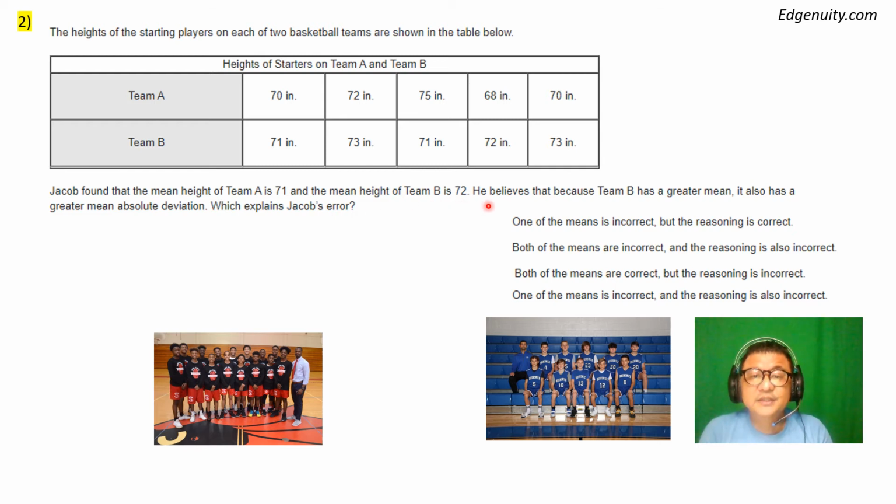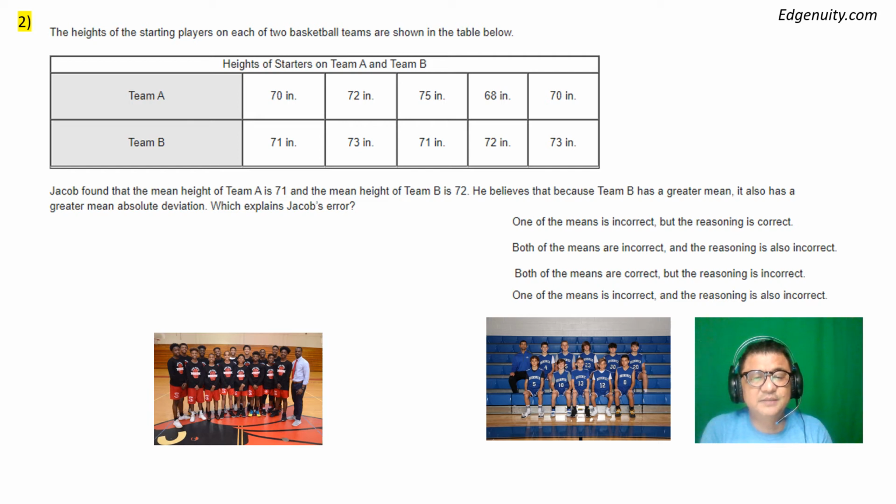We will check. He believes that because team B has a greater mean, it also has a greater mean absolute deviation. So we will check for mean and mean absolute deviation, which explains Jacob's error. Jacob is wrong somewhere. Let's see what and why. So let's start by solving for the mean.